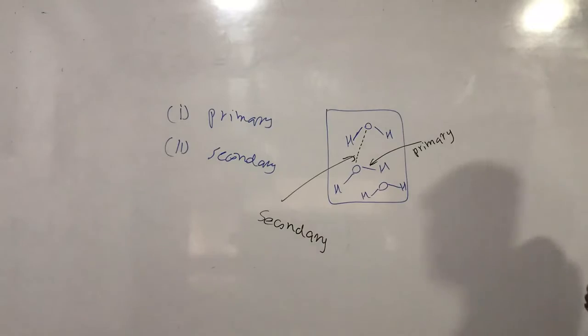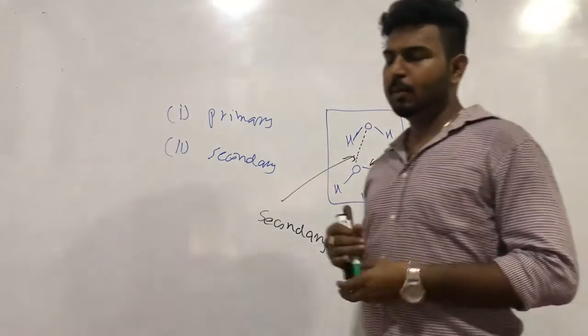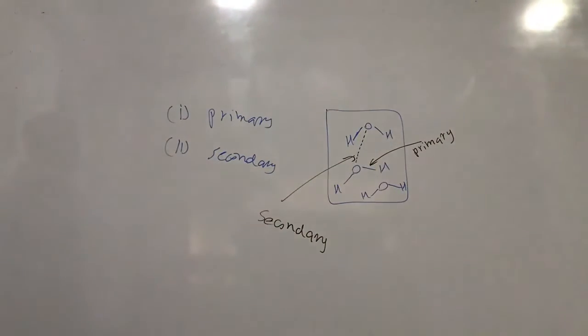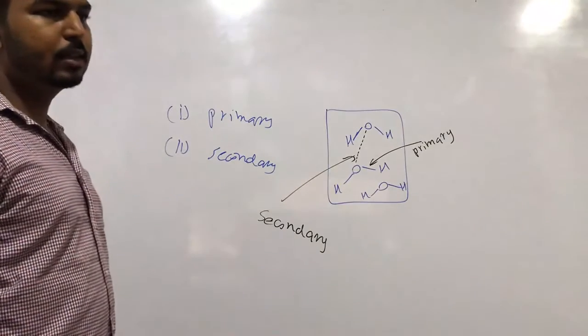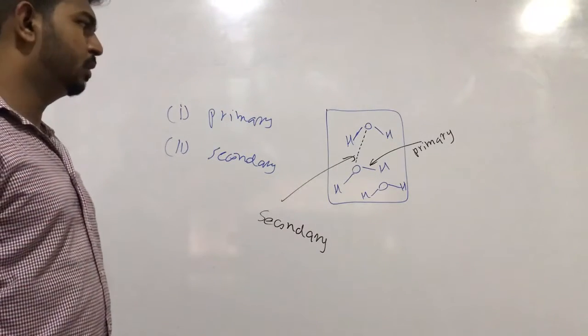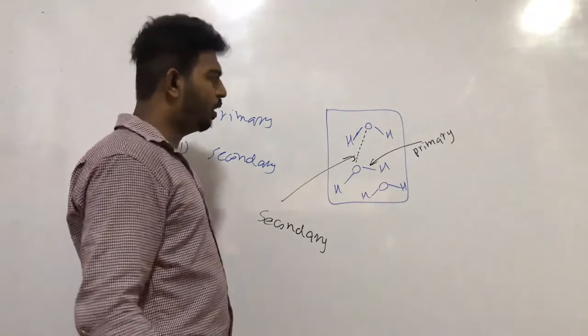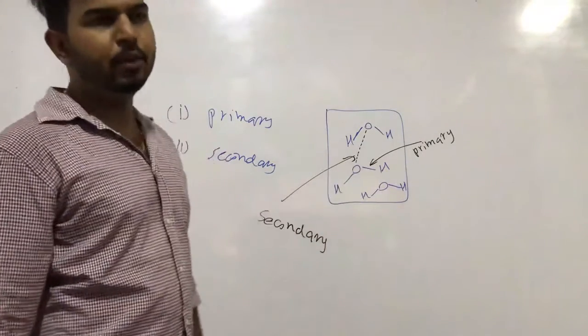Okay, primary interactions are the chemical bonds formed inside a molecule.